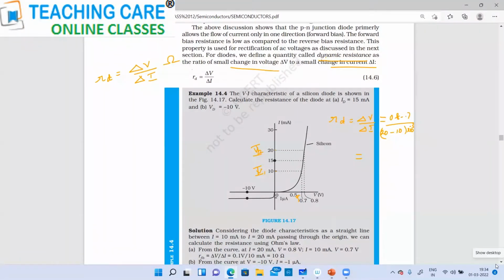For the first one, I'm getting 10 ohm. 10 ohm, okay. Second one, it is 10 volt. It corresponds to 1 microampere. That's all.